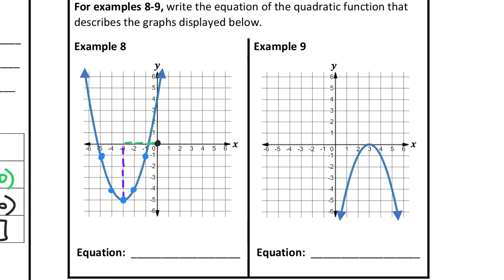Is it going downwards? No. So the function will be x plus 3, which means that it went to the left 3, squared, and then it went 5 down, so that's minus 5.